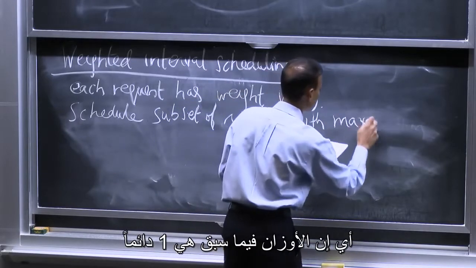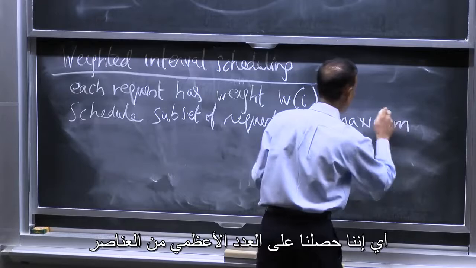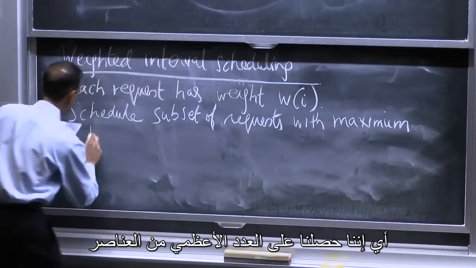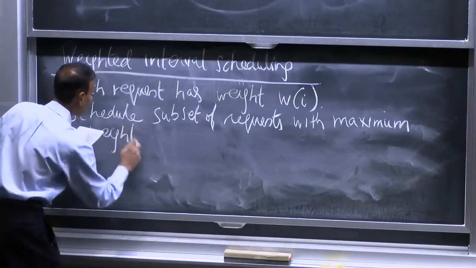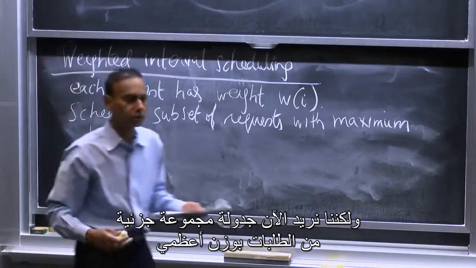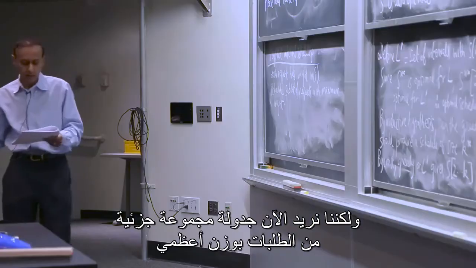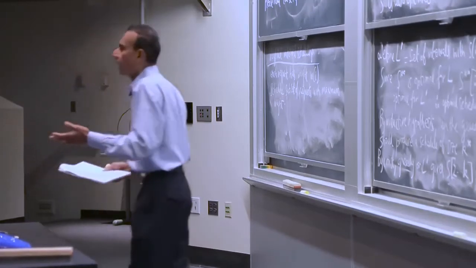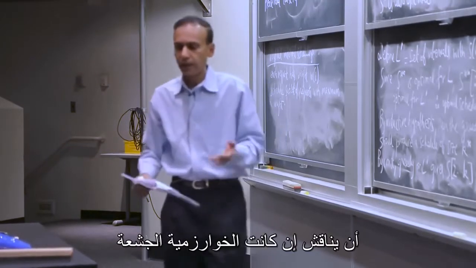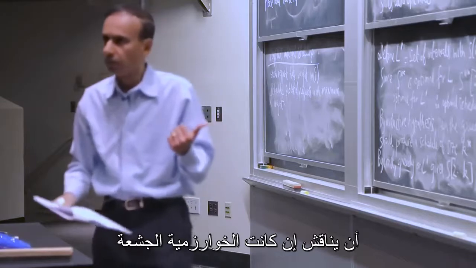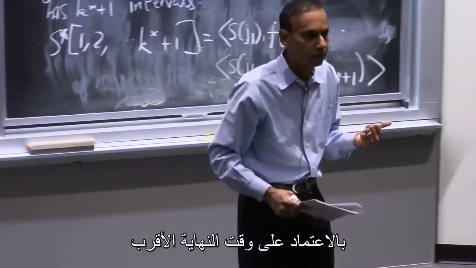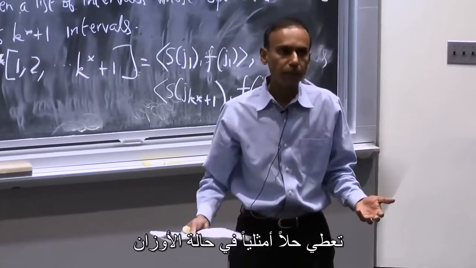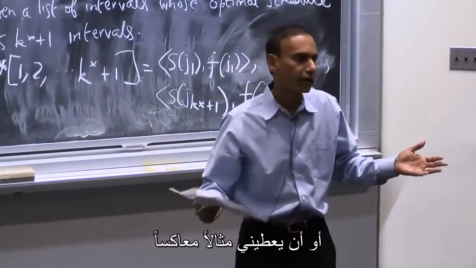So previously all weights were 1, so maximum cardinality was what we wanted, but now we want to schedule a subset of requests with maximum weight. Someone give me an argument as to whether the greedy algorithm, earliest finish time first, is optimal for this weighted case, or give me a counterexample.